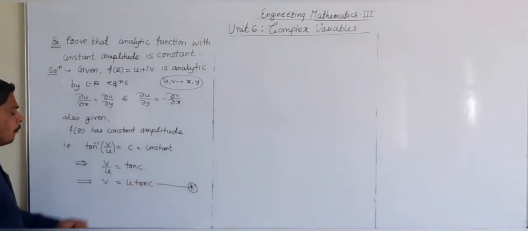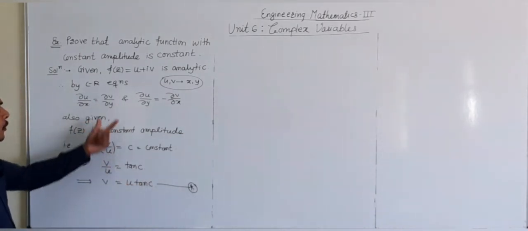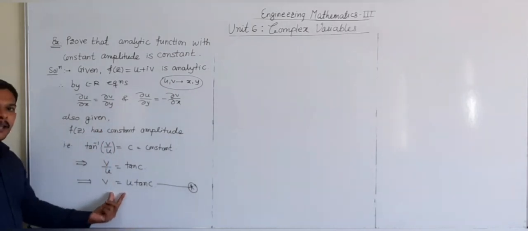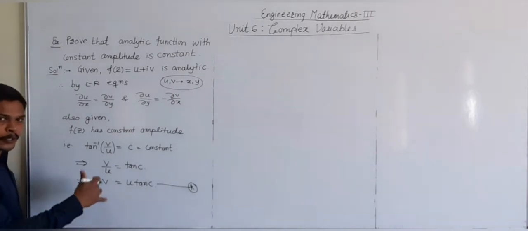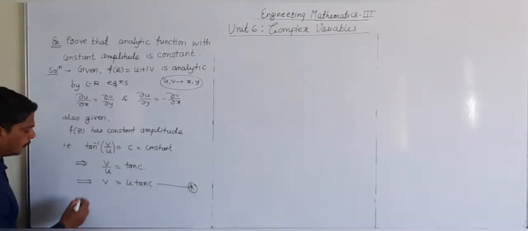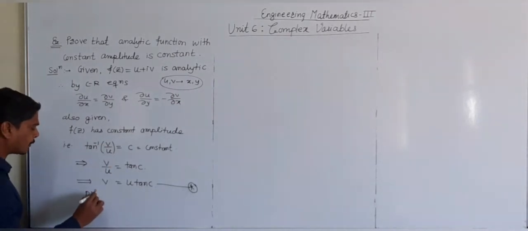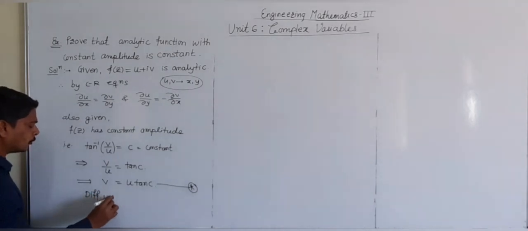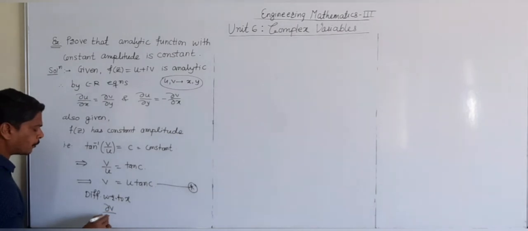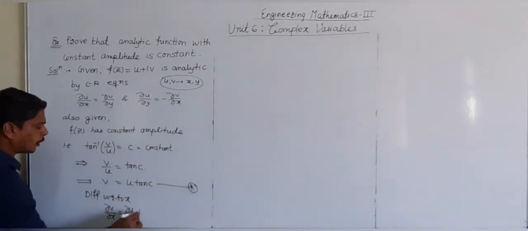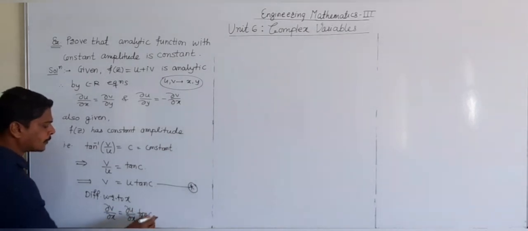And now for using these CR equations, we require the derivative of this equation. So differentiate this equation with respect to x as well as with respect to y. So differentiate with respect to x. The partial derivative of v with respect to x is equal to the partial derivative of u with respect to x into the constant tan c as it is.